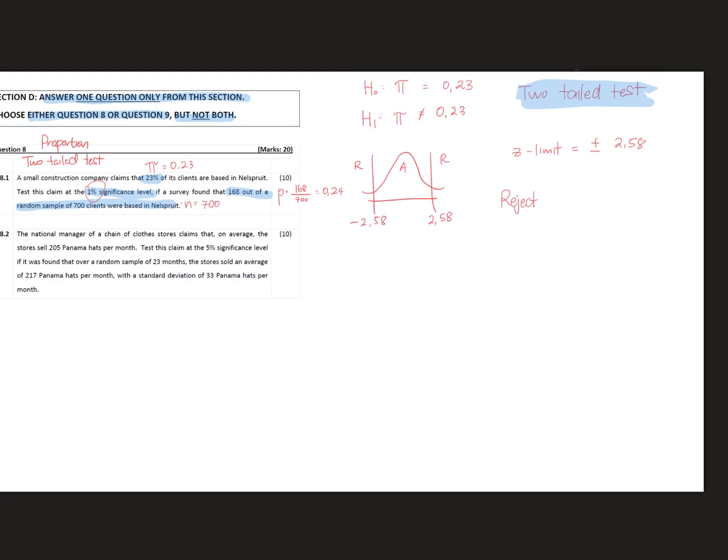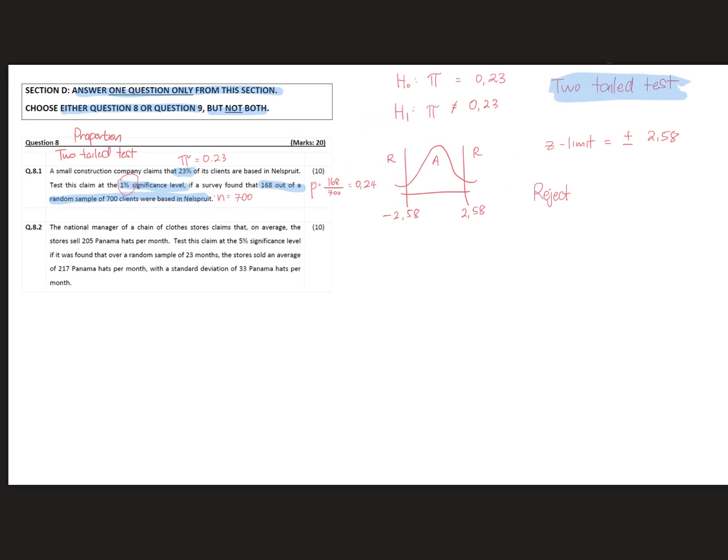So you're going to say then that you will reject the null hypothesis if the Z value is either on the right hand side greater than 2.58 or on the left hand side if Z is less than minus 2.58. And that's actually it for step 2.